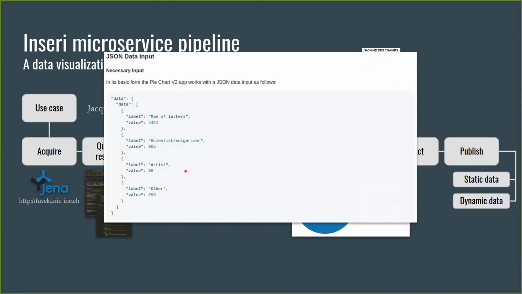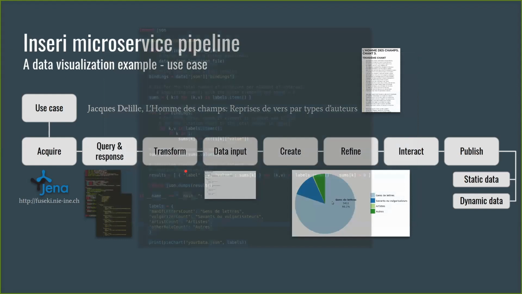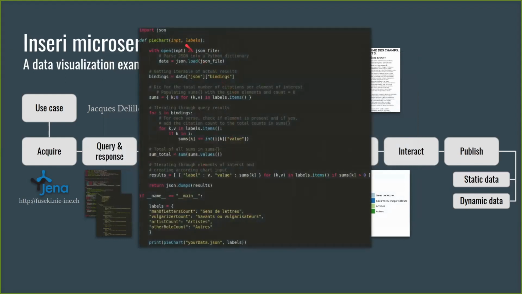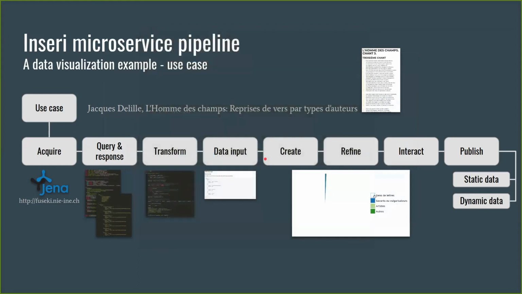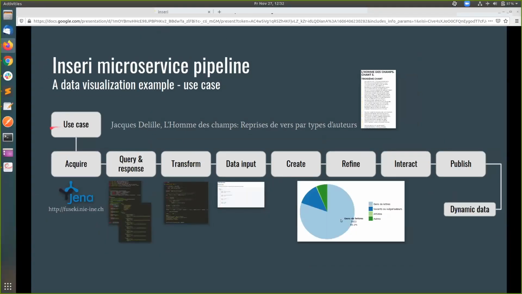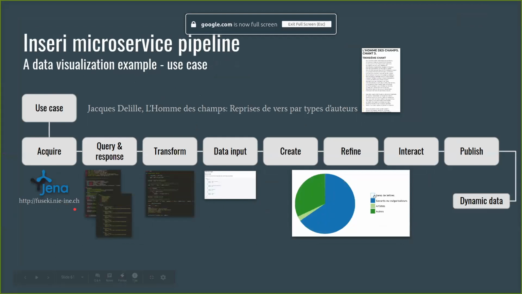And once we know that, we can start to write some lines in Python, which transform our Fuseki response to the needed app input structure. And at the very end, we can then publish it in a very dynamic way, meaning that the data will always be on the hosted triple store, and you will access the chart in Inseri.